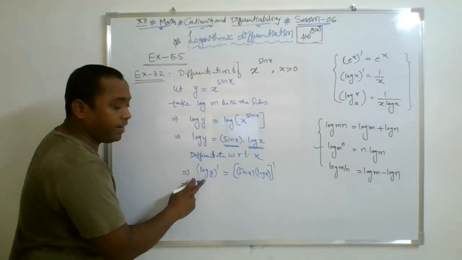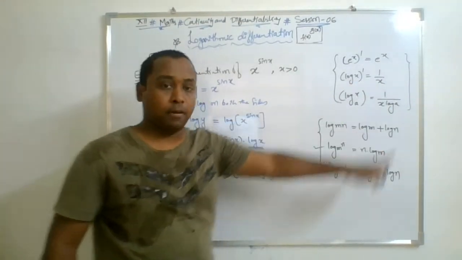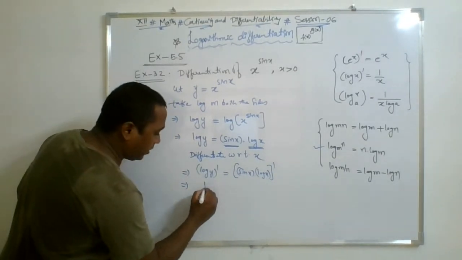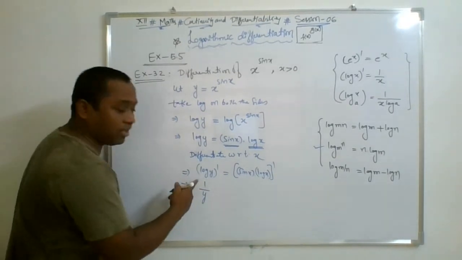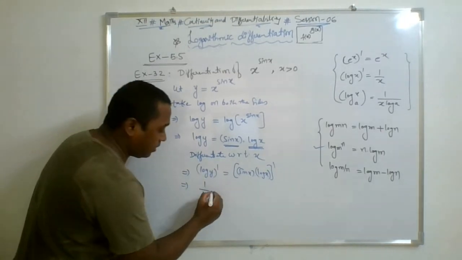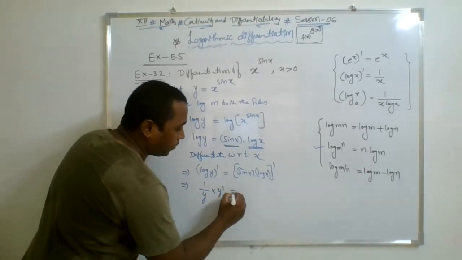And you know the derivative of log x is 1 by x, but we are having the function log y, hence first we will apply the chain rule over here. So the derivative of log y is 1 by y into y dash.